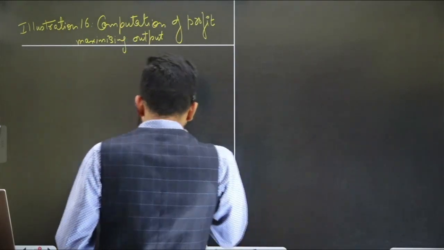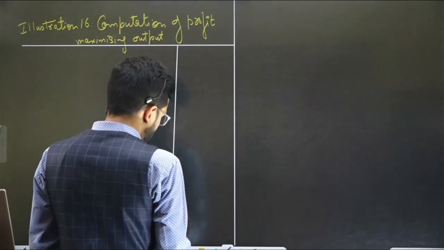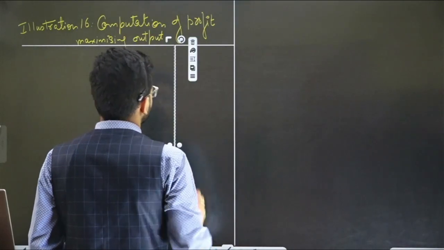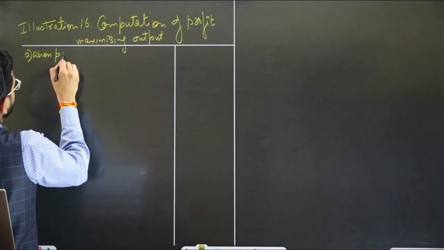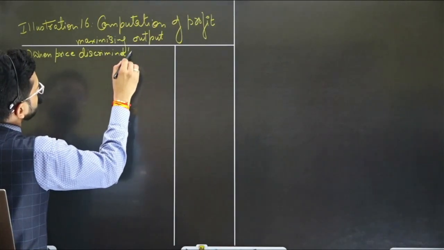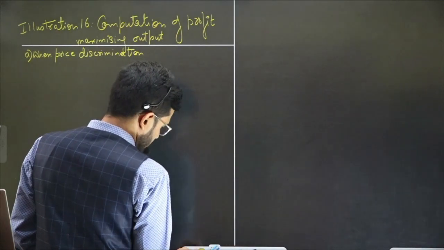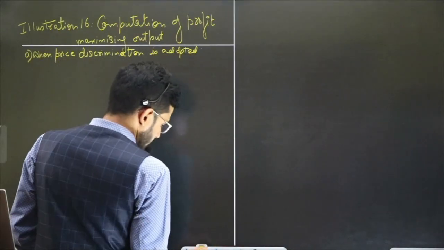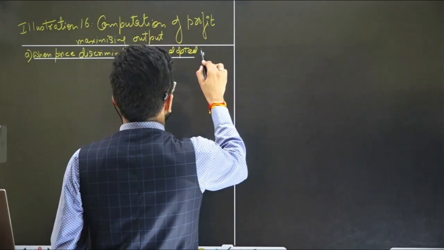So the A part is when price discrimination is adopted. So when price discrimination is adopted, we are going to compute different prices for different markets.